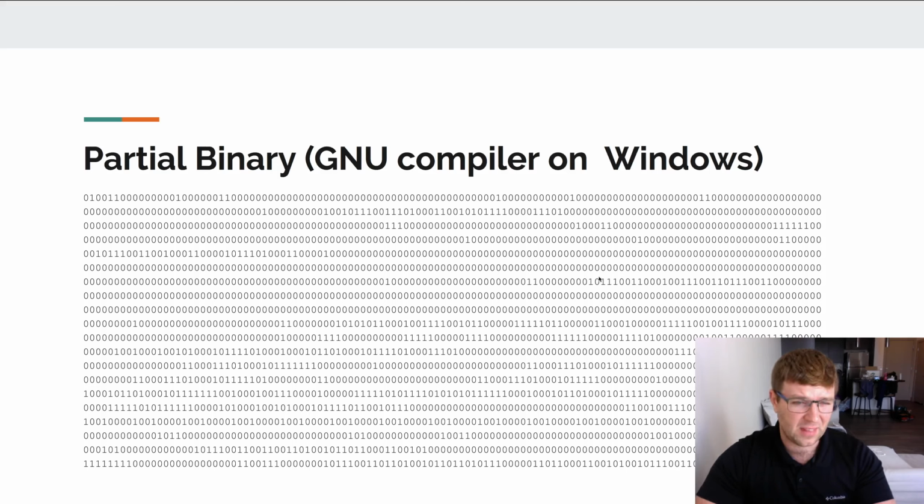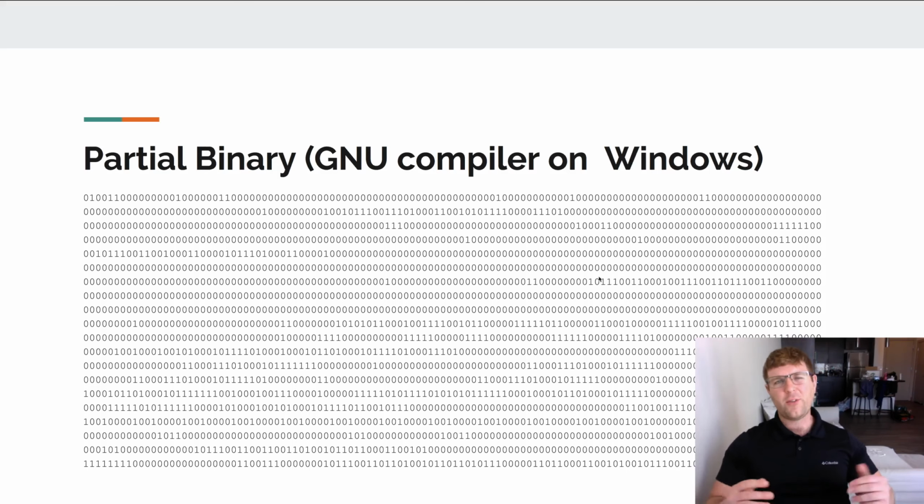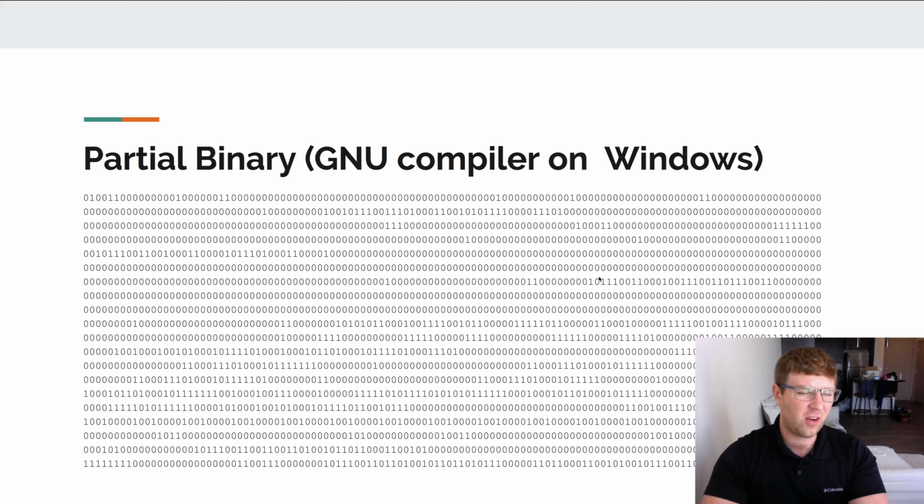You may have heard that computers really only understand ones and zeros, which is absolutely true. Here is the binary. This is partial binary from a program that I wrote that does that math from the slide before. And so you'll see it is all just ones and zeros.